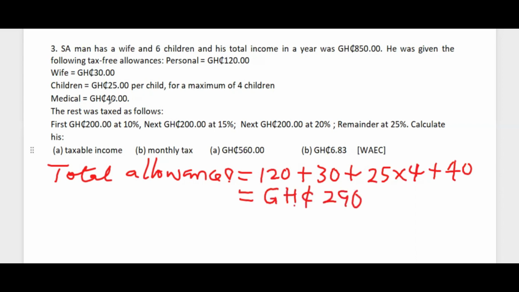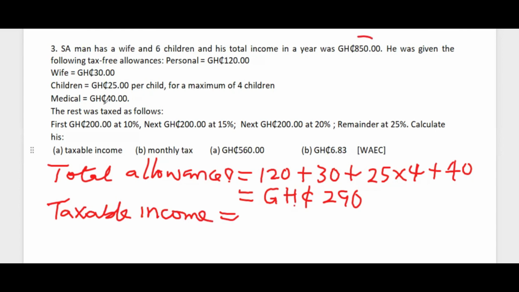Okay, now having got the value for total allowance, we can move on to get taxable income, the part of the income available for being taxed. So taxable income is the total income minus the total allowance.